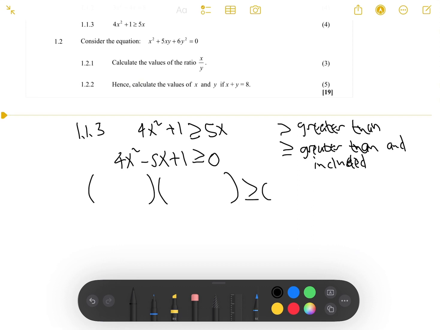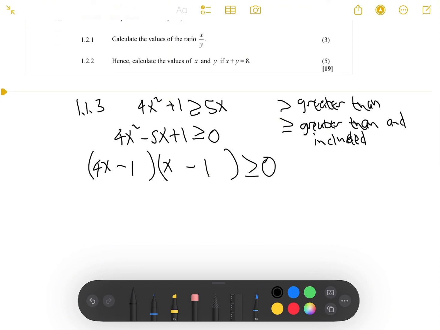Here we do have perfect roots: 4x and x, and then minus 1 and minus 1. Then we end up with 4x minus 1 equals 0, therefore 4x equals 1, therefore x becomes 1 over 4 when you divide by 4, or x minus 1 equals 0, therefore x equals 1.